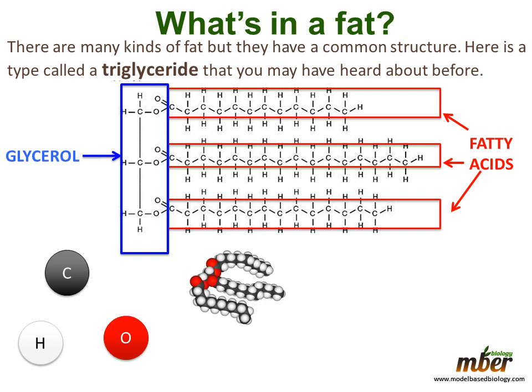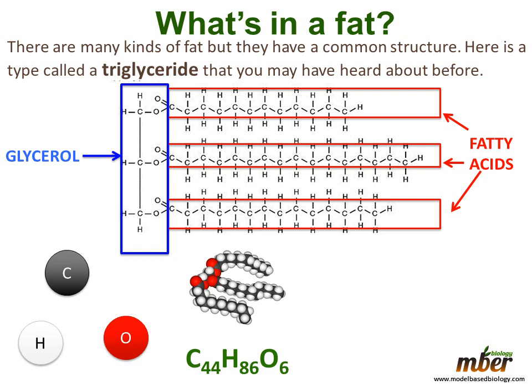Well, I'll go ahead and give it to you. It's 44. So in this whole triglyceride, there are 44 carbons shown, there are 86 hydrogens, and there are only 6 oxygens. Okay? Triglyceride.